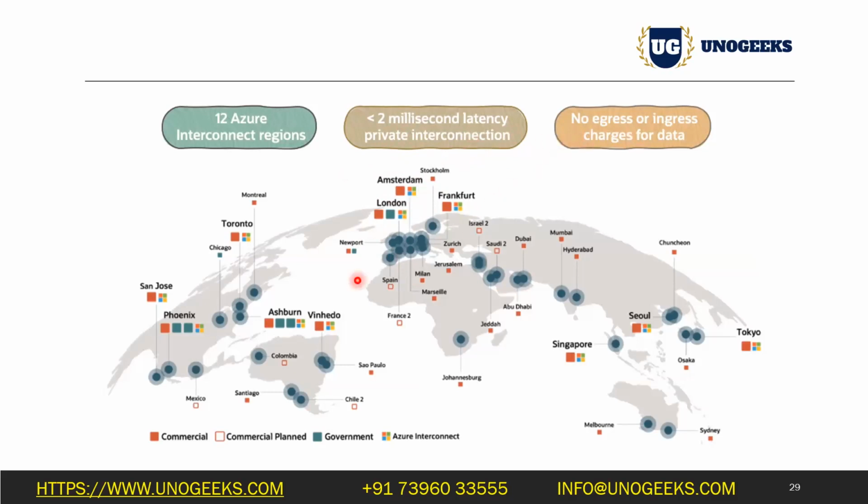And if you have any data flowing between these two regions, the cost for the ingress and egress, incoming and outgoing traffic, has no charges. It is free. You don't have to pay anything for incoming and outgoing data between Azure and OCI.